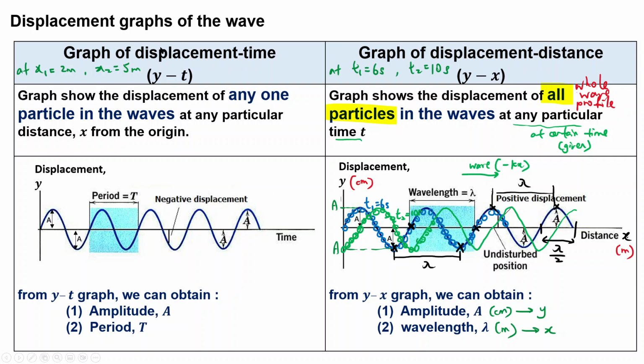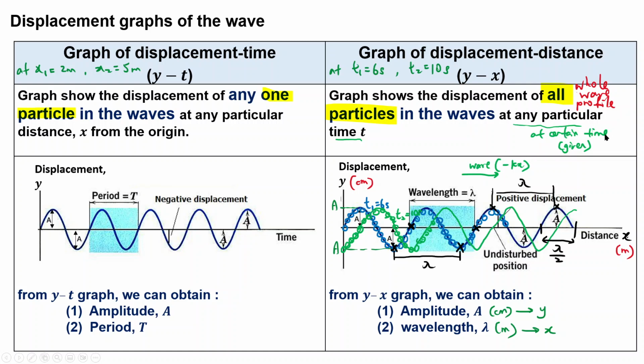Y versus time graph. Displacement versus time graph. What does it mean? The graph shows the displacement of any one particle. This one only, how many particles? One particle, at a certain distance.